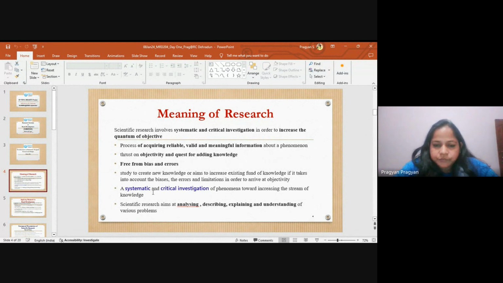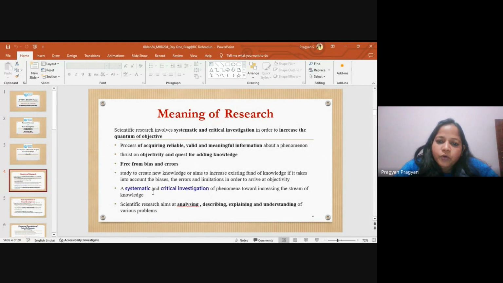That is why, in scientific research, the whole process of this objective quest is supposed to be achieved completely free from bias and errors. And now, for your kind information, let me assure you, despite our best efforts, we can't erase all bias and errors. Then what are we doing in scientific research?